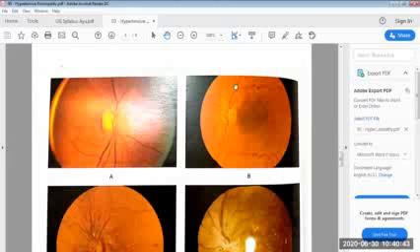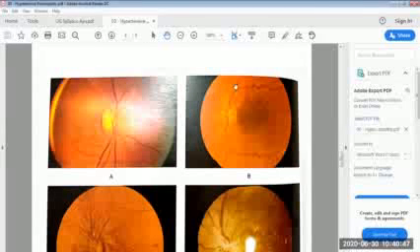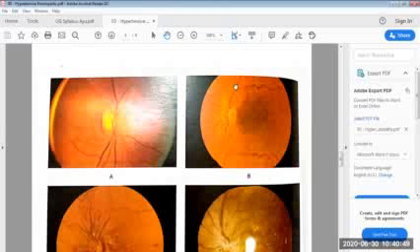Image B shows grade 2, comprising marked generalized narrowing and focal attenuation of arterioles associated with deflection of veins at arteriovenous crossings.